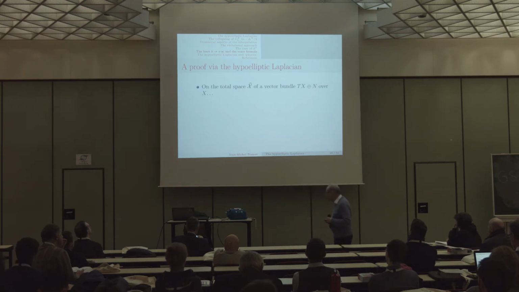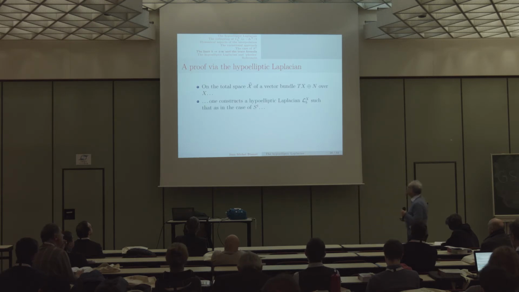So I told you before that the hypoelliptic Laplacian is an operator acting on a bigger space, which is the total space of the tangent bundle. So in this case, it is acting on a bigger space than that. The bundle that you have to introduce is three-dimensional instead of being two-dimensional.